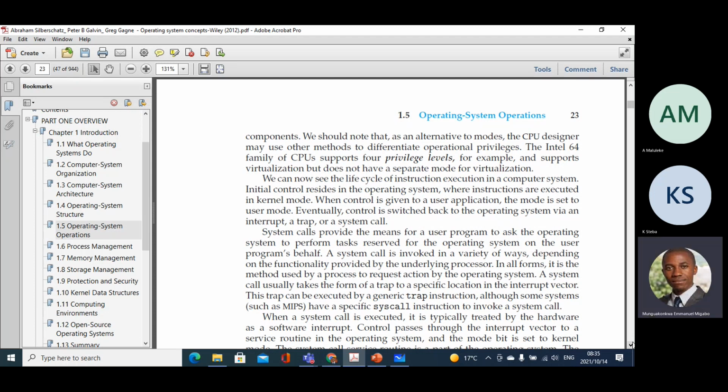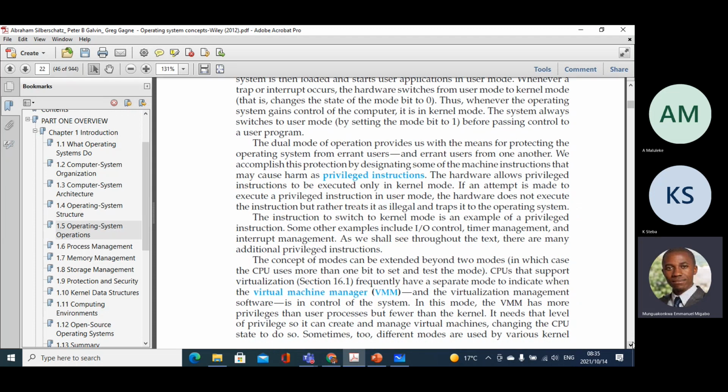Now I also want to speak about the virtualization mode. The VMM has more privileges than the user processes, but fewer than the kernel. So it's more of an in-between type of mode.